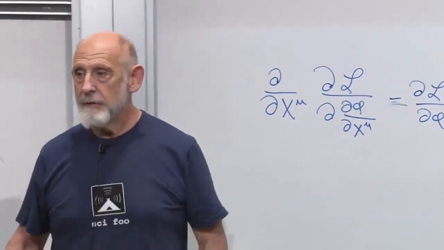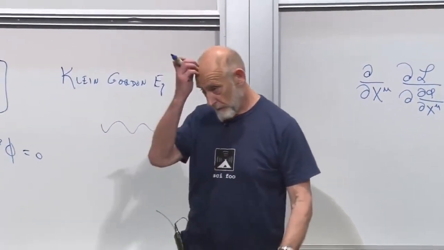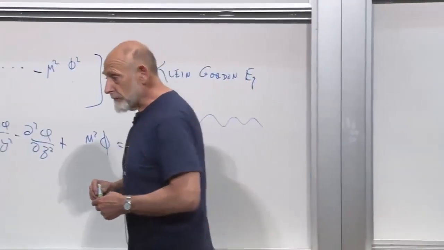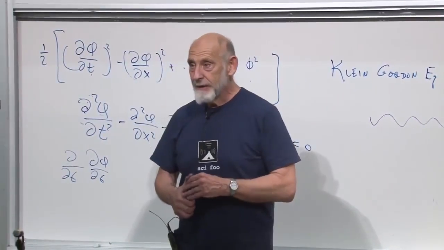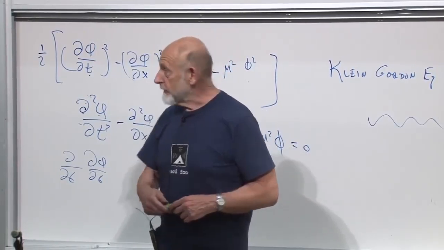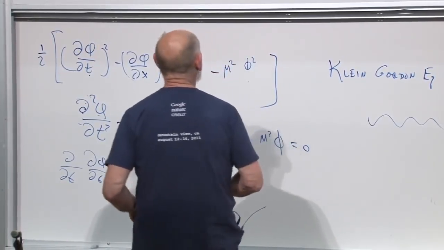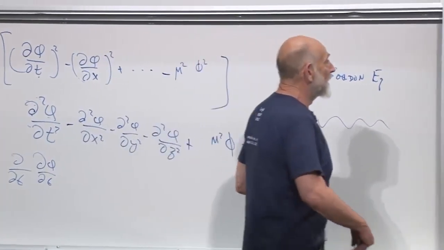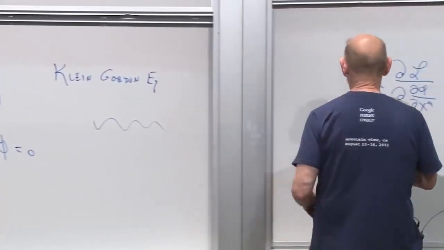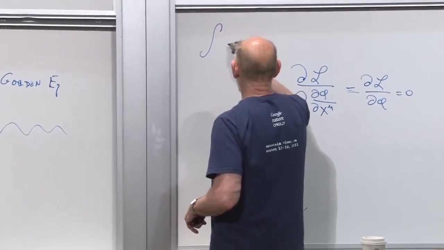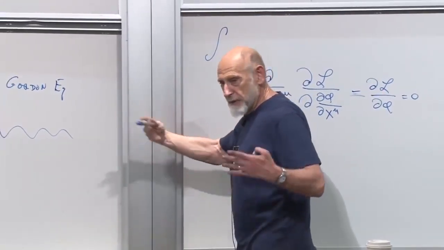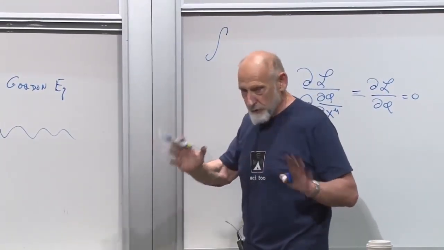Yeah. What in nature obeys the Klein-Gordon equation? Scalar particles, the Higgs boson. Let's go back to the action for a particle. We wrote it. I made this up, of course, but I was using some rules.